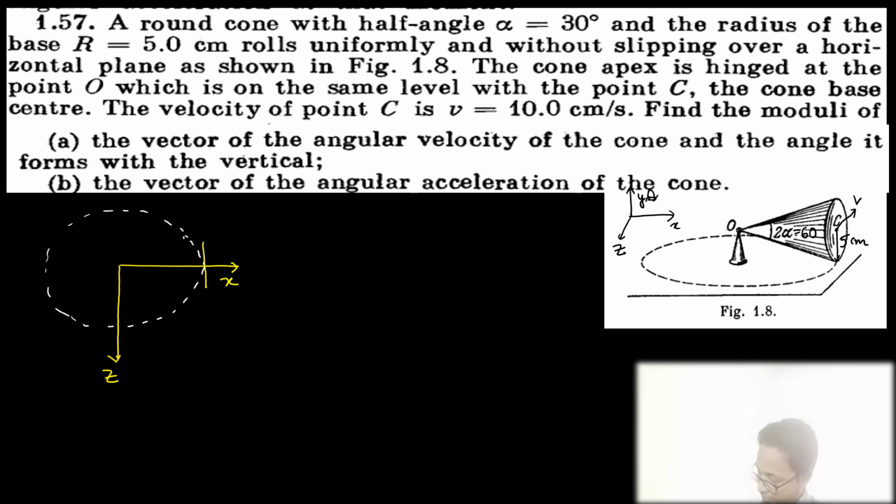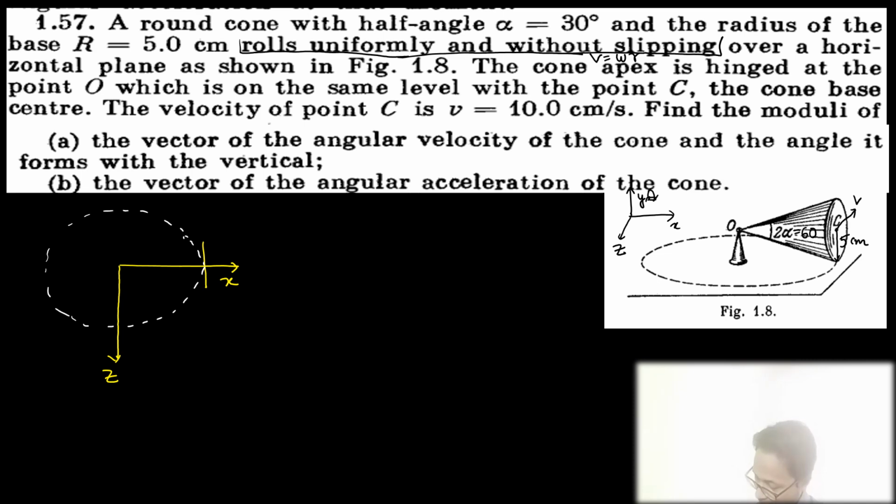The velocity of the center point is v. And this is a case of pure rolling, rolls uniformly without slipping. That means v is equal to omega r. In case of pure rolling, v is equal to omega r.